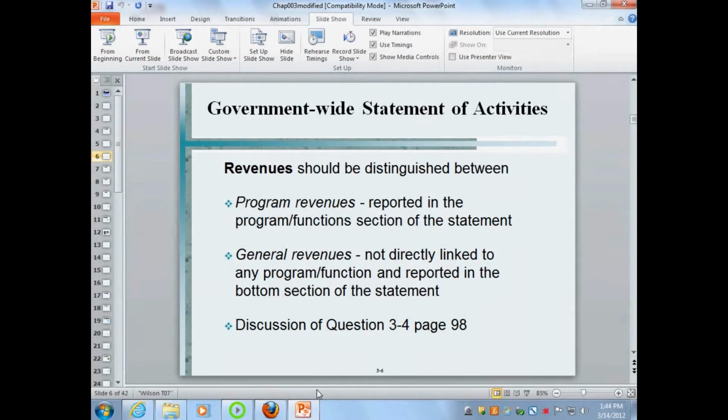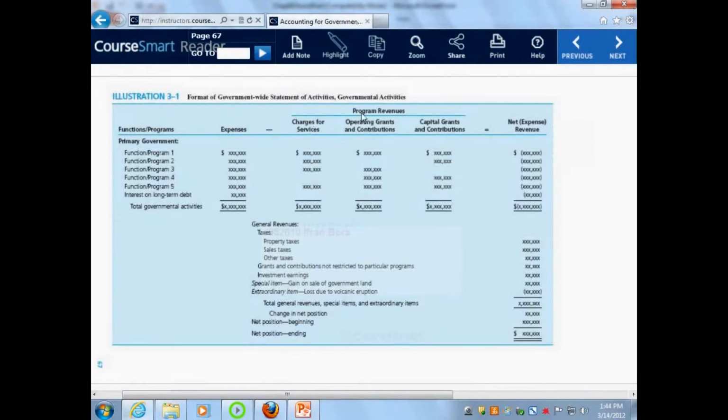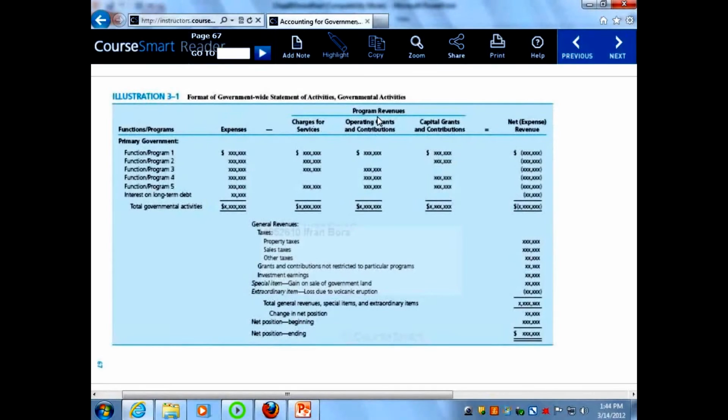For public safety, it would show up as a program revenue itself. And you might say, where is that? Well, if you look at it, that's here. See these grants? This is where it would show up. But this question right here, operating or capital grants, this is where a specific grant would show up. But the one that we just looked at shows up where? Out here. See that? Right here.